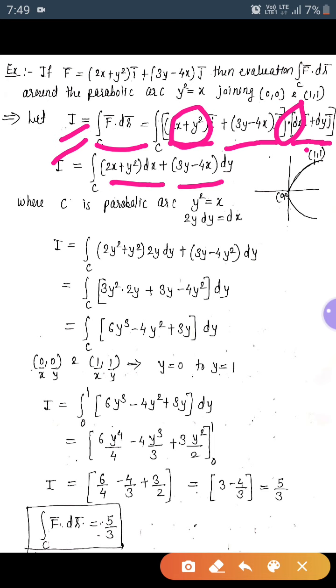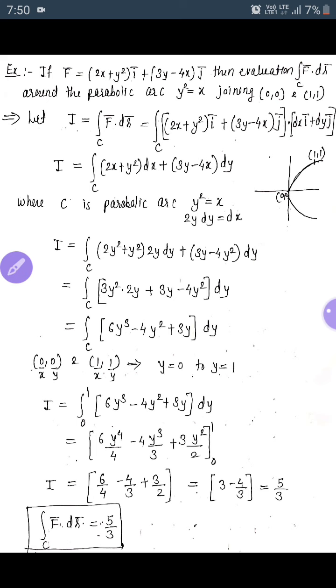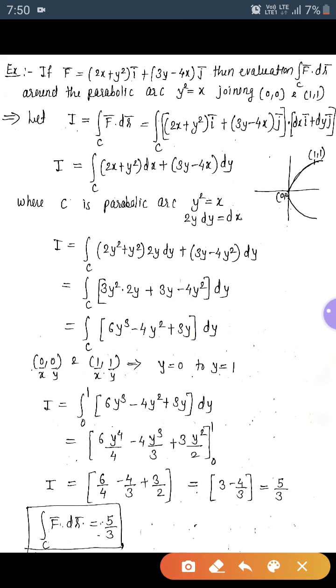Now it is very difficult to evaluate this integral because both the terms contain x and y as well as dx and dy. So either we have to evaluate this whole integral in terms of dx or in terms of dy. For that, the path of the curve is given: C is a parabolic arc and the equation of that parabolic arc is y squared is equal to x.